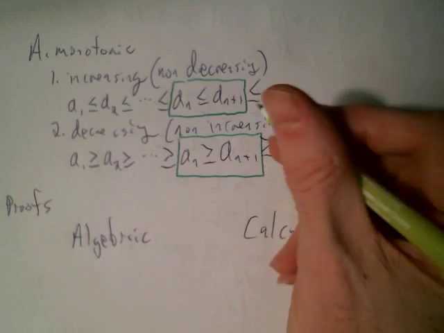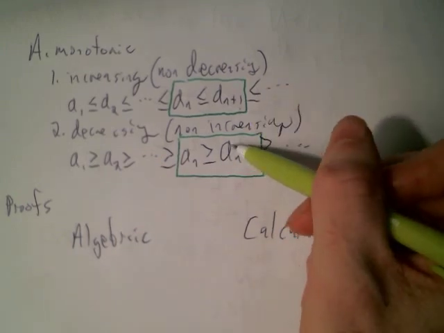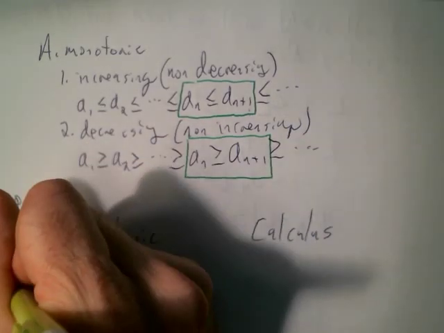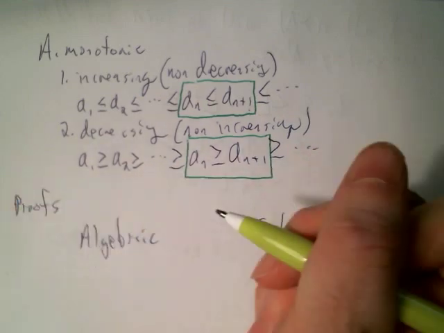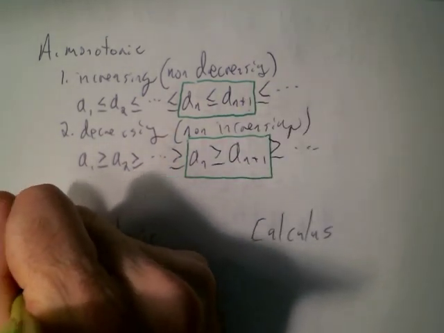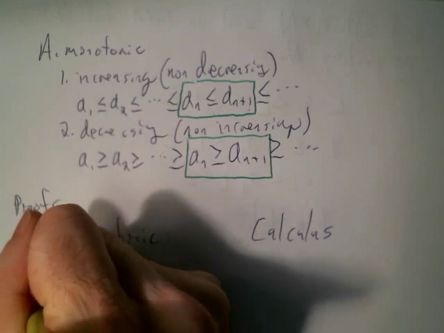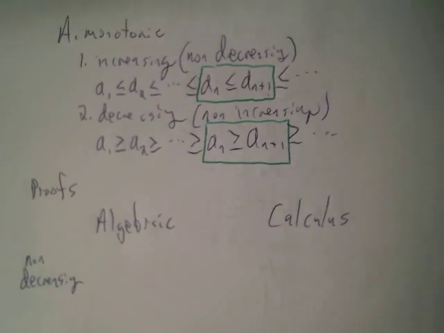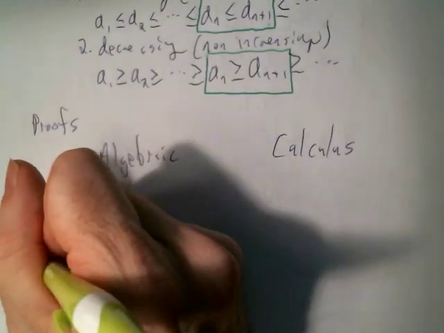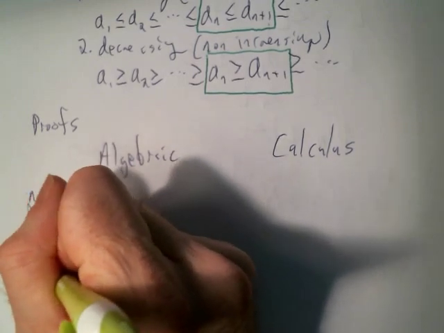So the algebraic proofs are hinging on these kind of facts. So we could say increasing, or in this case, non-decreasing proofs. And then we also have non-increasing proofs.